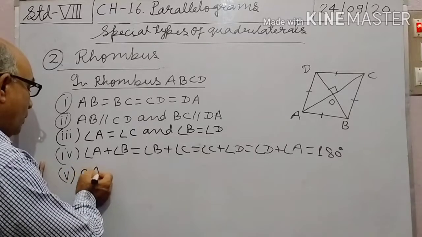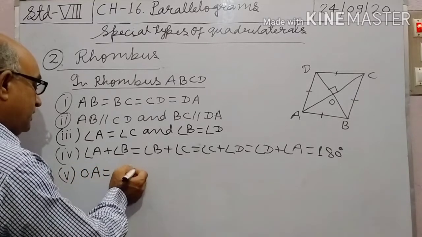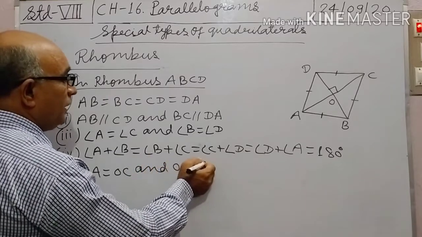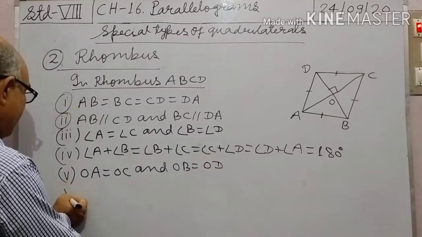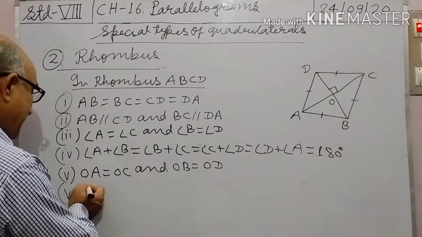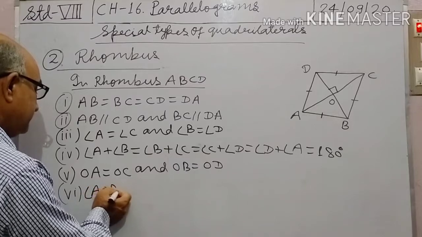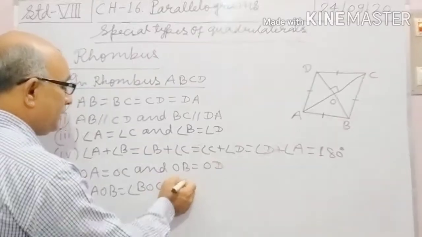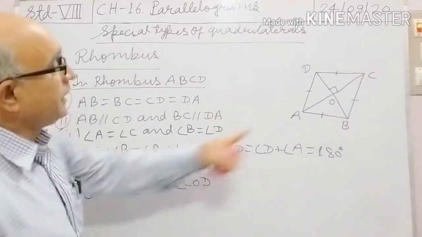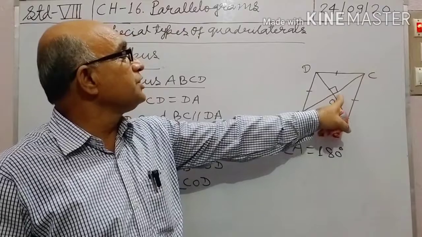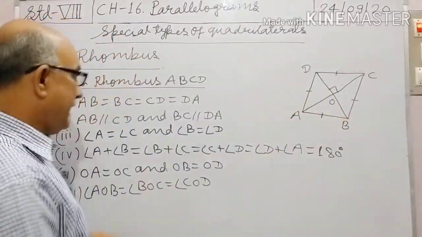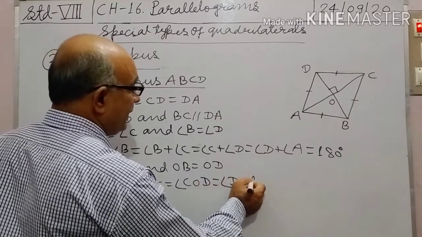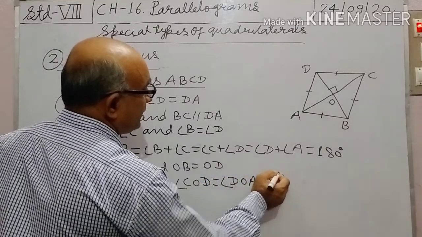That means OA equals OC and OB equals OD, and angle AOB equals angle BOC equals angle COD equals angle DOA, a right angle equal to 90 degrees.